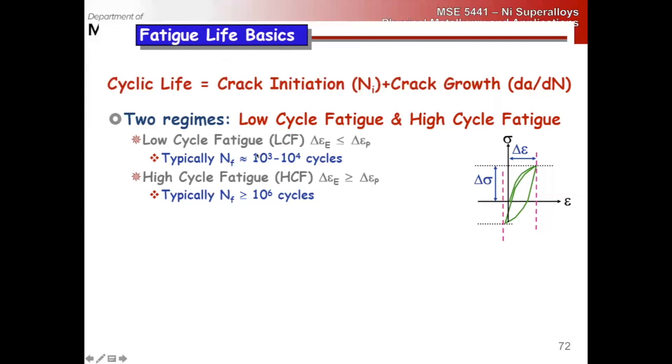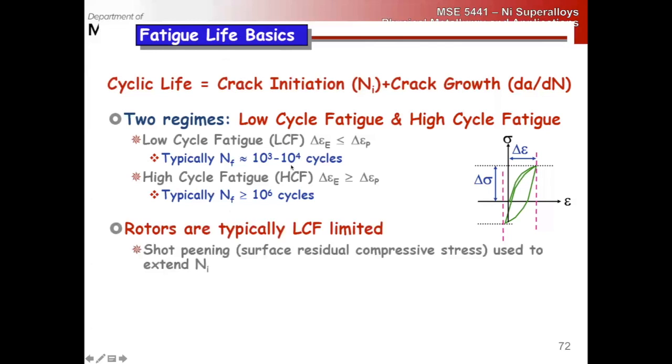But like 10 to the 6 cycles, this is the vibration that the blades see in service as the rotor's spinning around. So this is vibration, and this is engine cycles. Our discs and rotors are typically going to be low cycle fatigue limited.